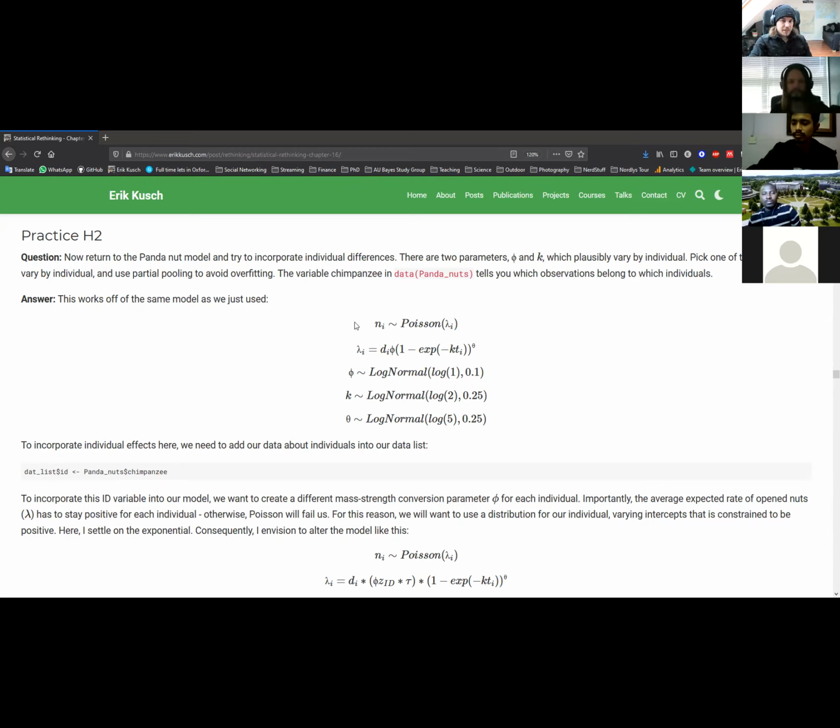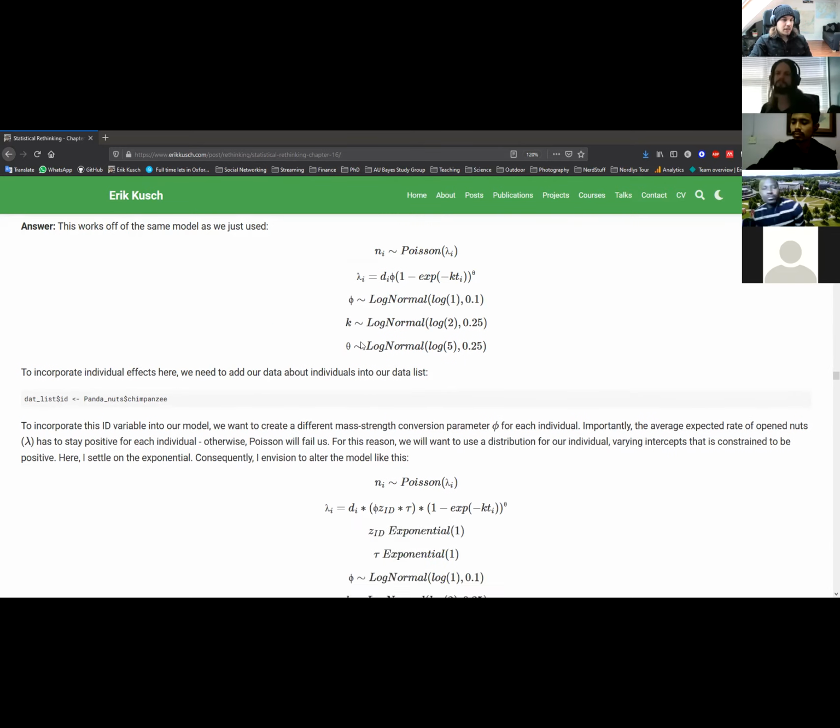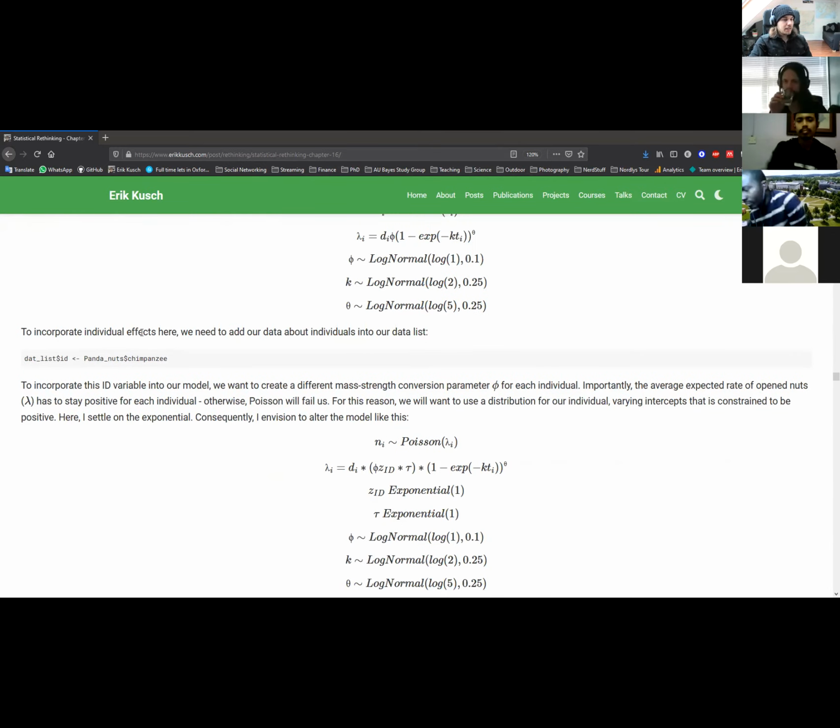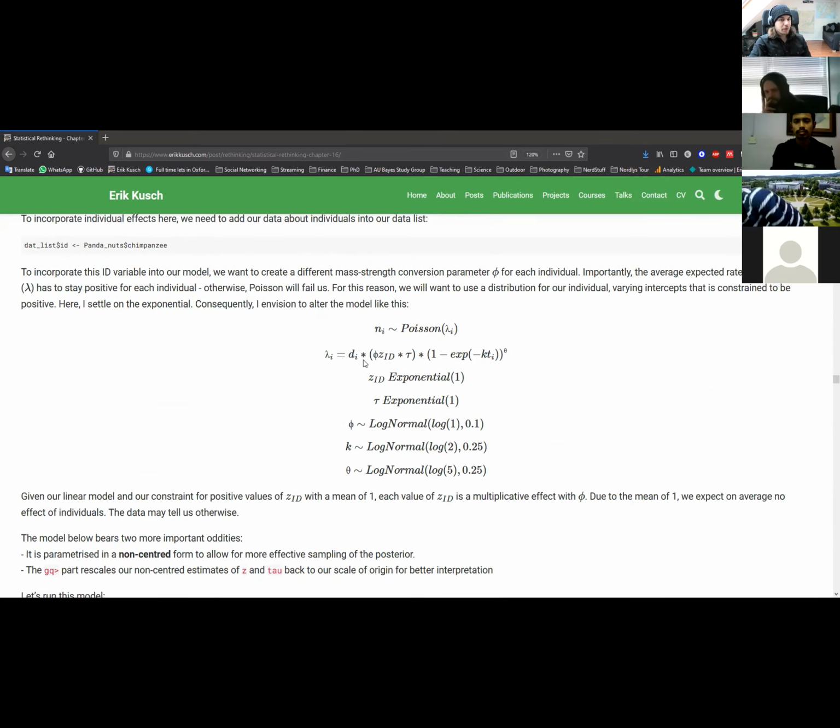So we work with the same model that we've worked with previously, and to incorporate the individual effects, we just need to add the data about the individuals to the data list and then incorporate that into the model. In the model here, I'm just tackling phi again, because I've done that previously, so I could just copy and paste code down. And right here, we are adding an effect of individuals, and we're doing so in a non-centered way, hence why we're multiplying with tau right here for our Z ID.